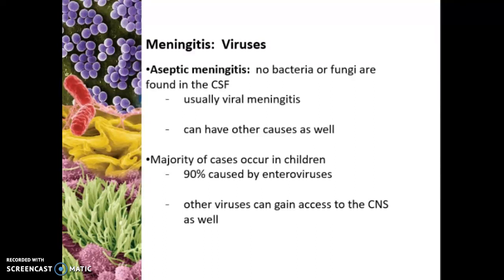There's pus in it, there's bacteria in it, there's white blood cells, and so instead of looking nice and clear, it's cloudy. But with aseptic meningitis, you don't see that. You still see it being nice and clear. And generally, it's going to be caused by enteroviruses. These are viruses that affect the GI system, but somehow are able to gain access to the central nervous system. And other viruses can play a role as well.